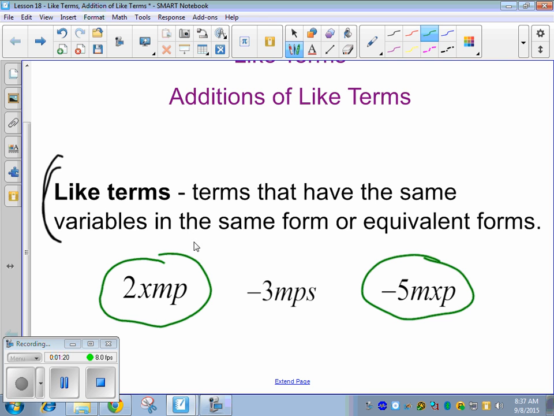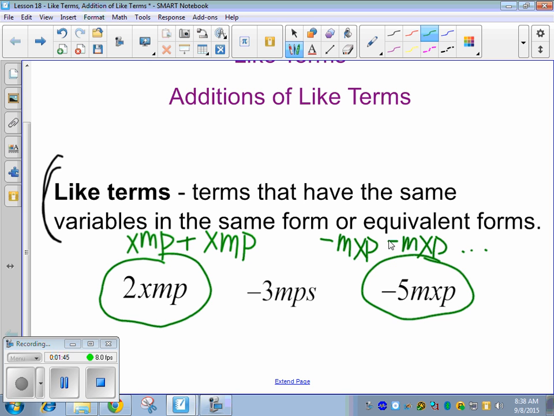So when we want to add these like terms, we have two of them right here. So if we wanted to rewrite this, we could do xmp plus xmp. We have two of them. Right here we have negative 5 of them. That's a little bit harder to write, but technically I guess it would be negative mxp minus mxp 5 times, right?